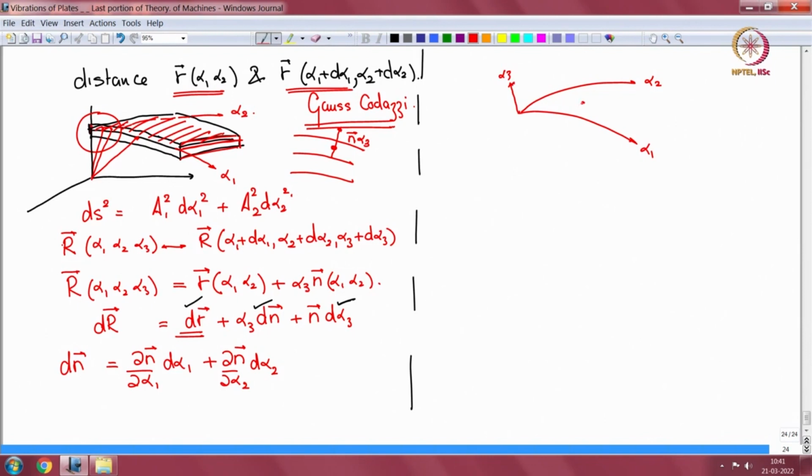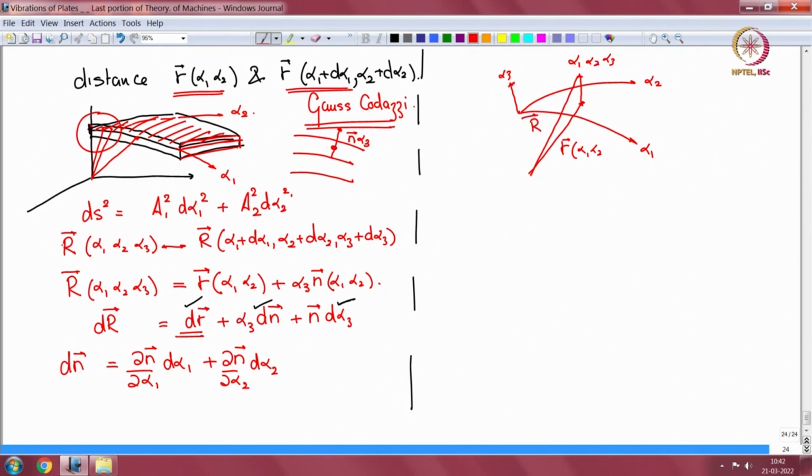So that is small r, this is the middle surface, alpha 1, alpha 2, and the local normal direction is here. So this point is alpha 1, alpha 2, alpha 3, and this is my big R.